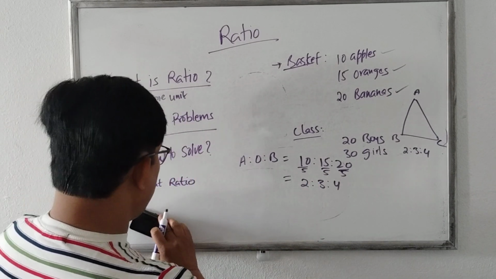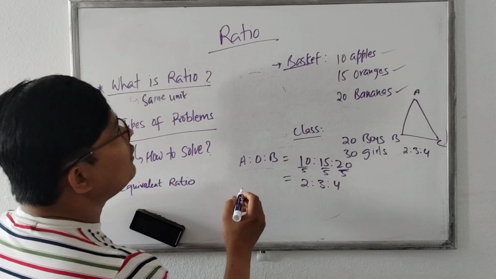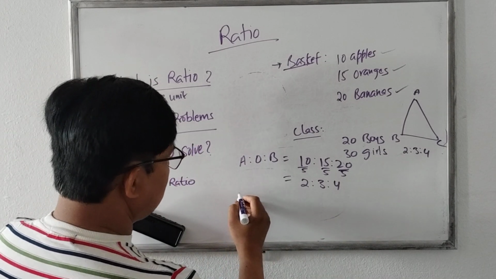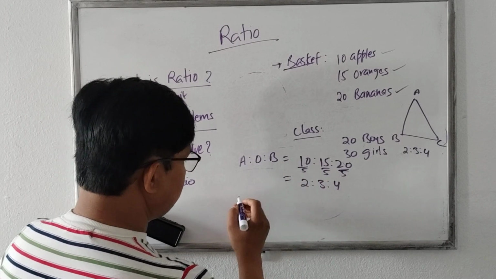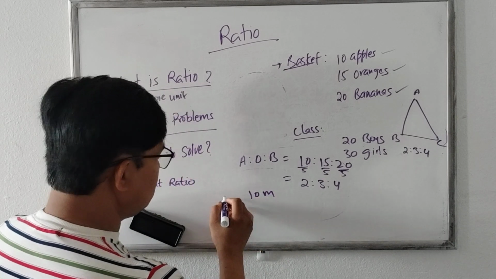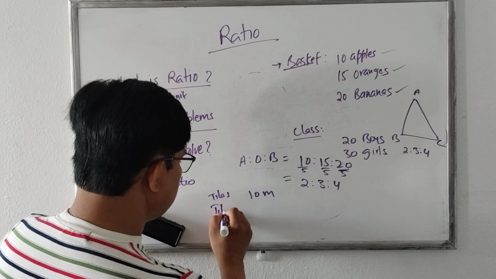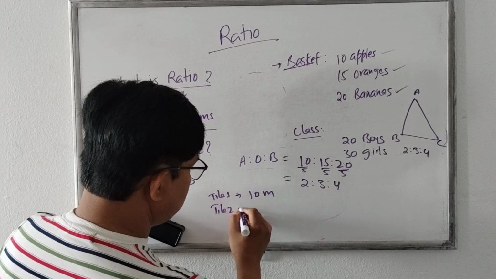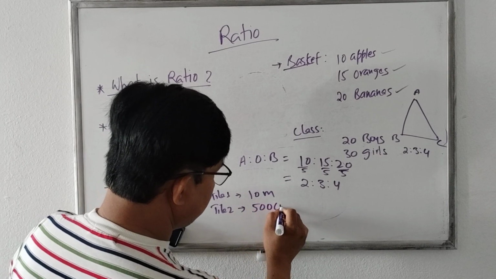And let's say another example with different units. Okay, so the length of, let's say, tile 1 is 10 meter, and tile 2 is 500 centimeter.